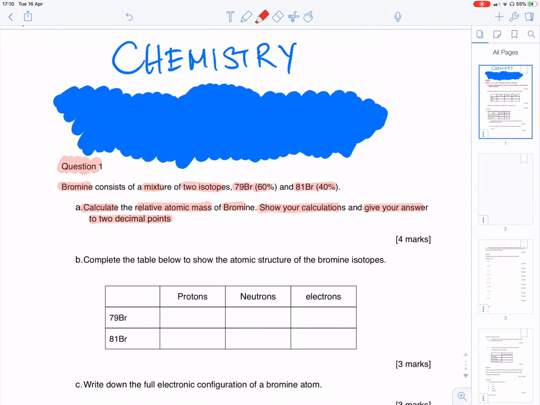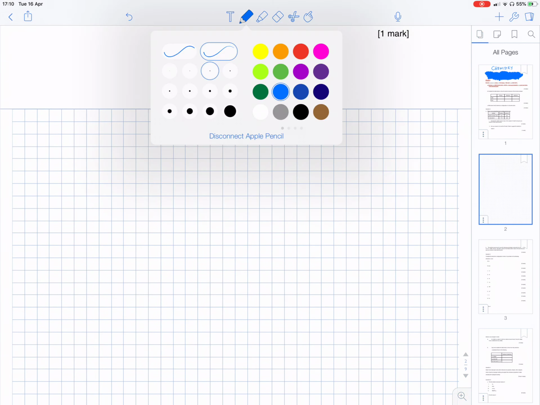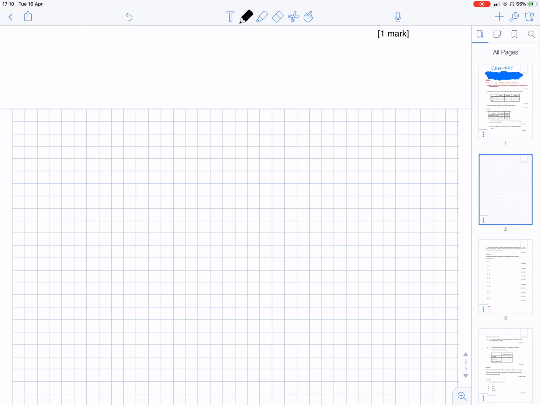Okay, so first of all, this is question one, and that's part A. We have bromine 79 and bromine 81. The abundance for 79 is 60% and for 81 is 40%.